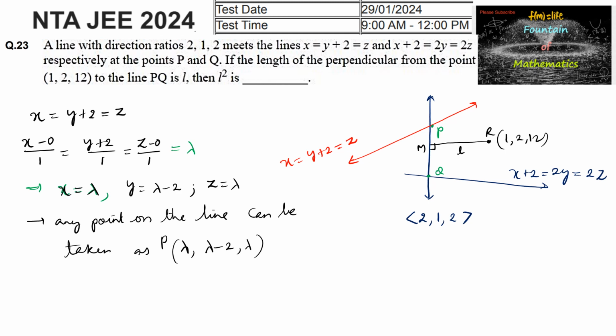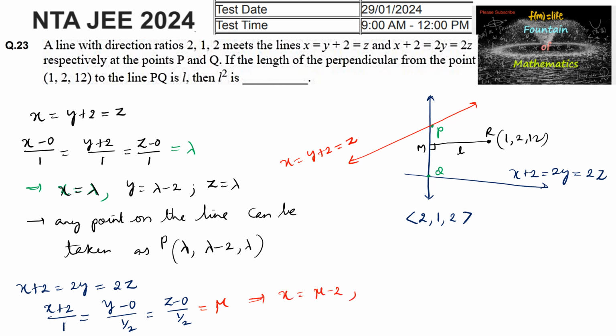And now from the second line, x plus 2 is equal to 2y is equal to 2z. We can express it as x plus 2 upon 1 is equal to y minus 0 upon 1 upon 2 is equal to z minus 0 upon 1 upon 2. Let us consider this to be mu, so that x coordinate we can write mu minus 2, y coordinate mu by 2, and z coordinate mu by 2.